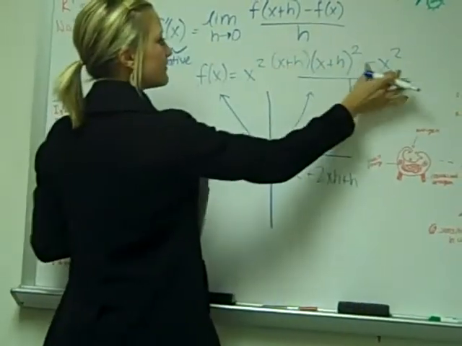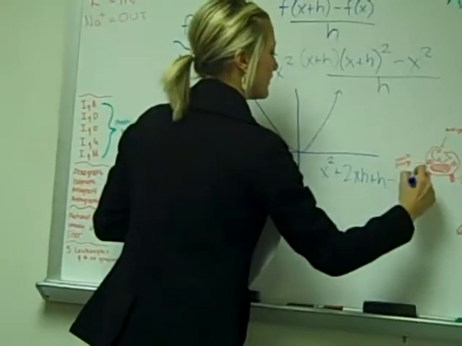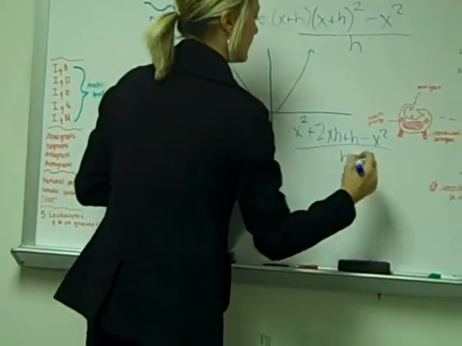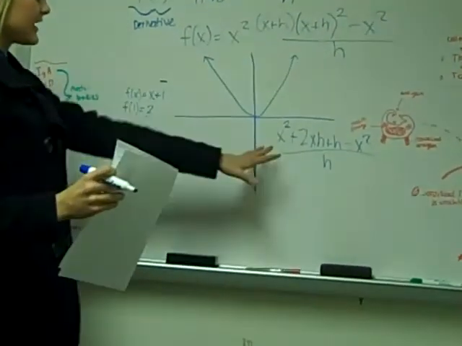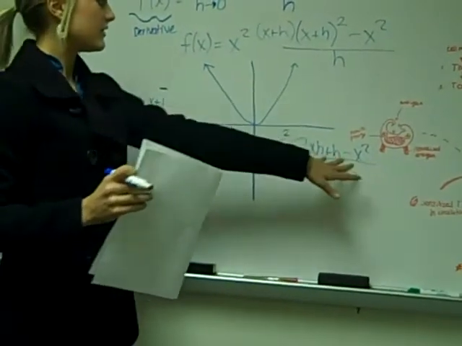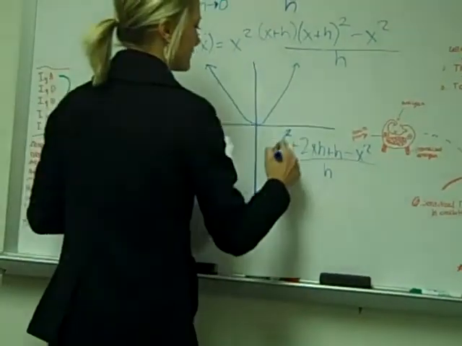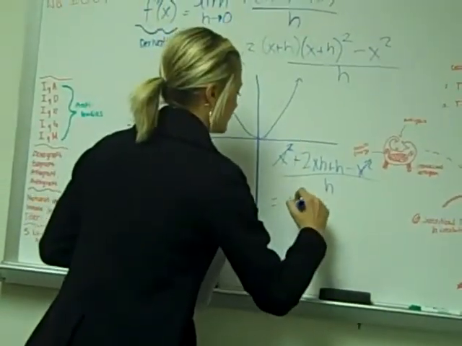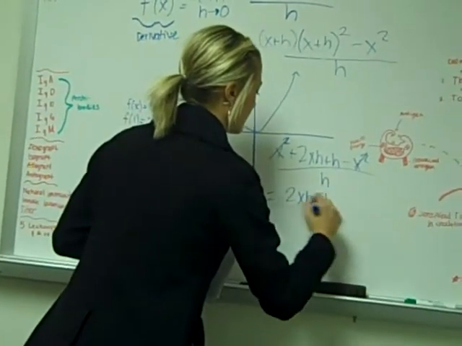So that's just that one minus this one, X squared, all over h. Can you see any terms that cancel out each other? Yep, the x squared. So cancel those out. And you now have 2xh plus h squared all over h.